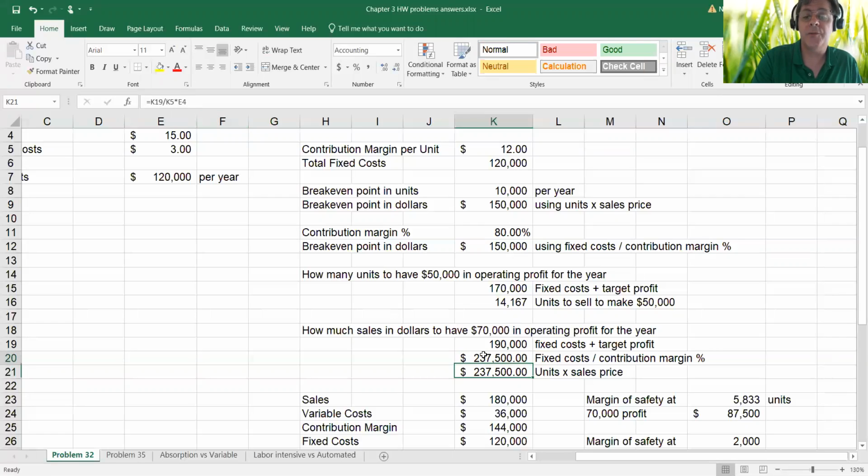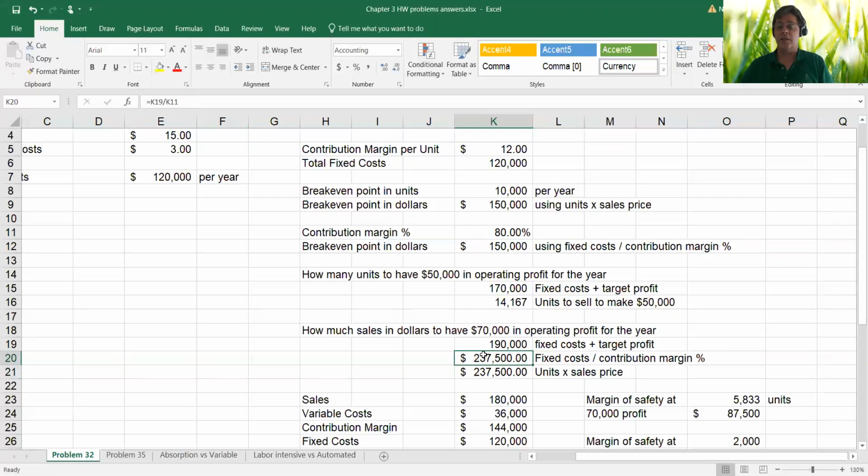Or if you did it using the contribution margin percentage, you take the fixed cost plus the target profit, 190,000, divided by the 80% contribution margin percent or contribution margin ratio. So either way, you get 237,500.